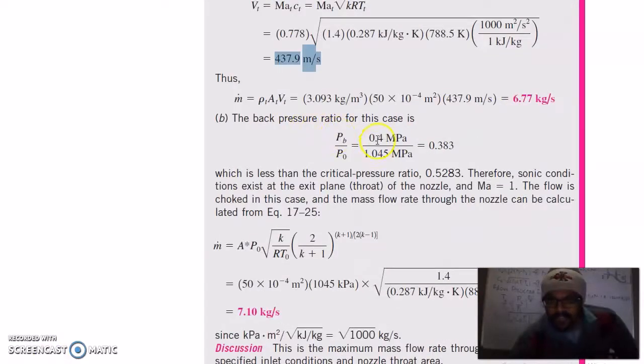Now take the second case, when the back pressure is 0.4 megapascal, which is less than the critical pressure ratio 0.5283. Therefore sonic condition exists at the exit plane, the throat of the nozzle, which means the flow will be choked, that is Mach number 1 is used. Because the flow is choked, we can calculate this from a different relation.